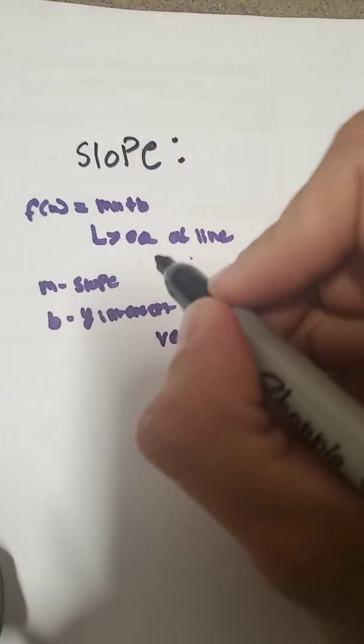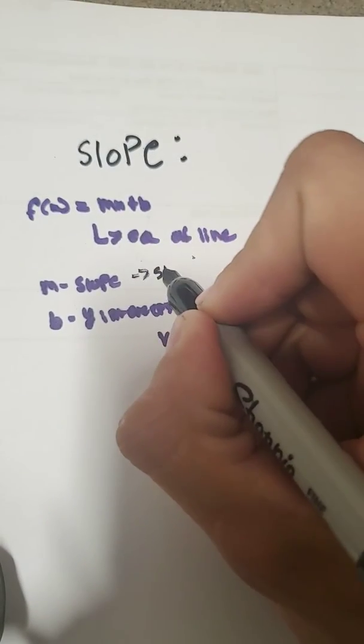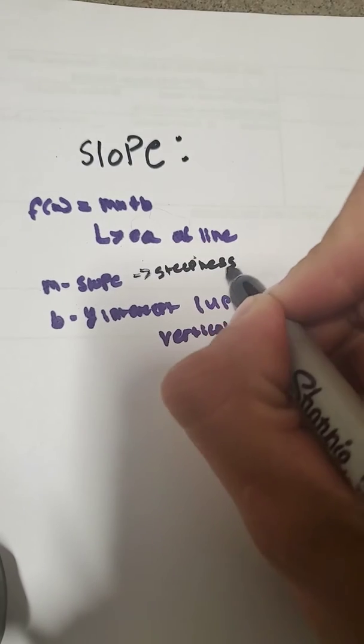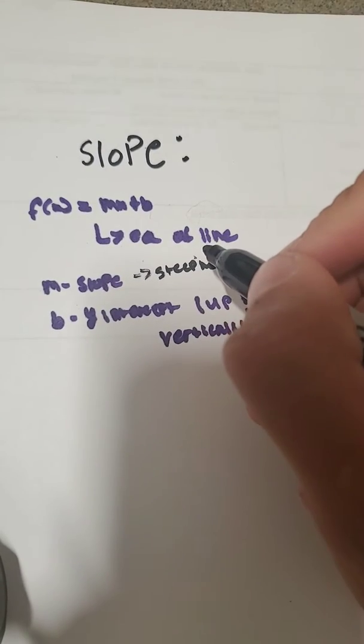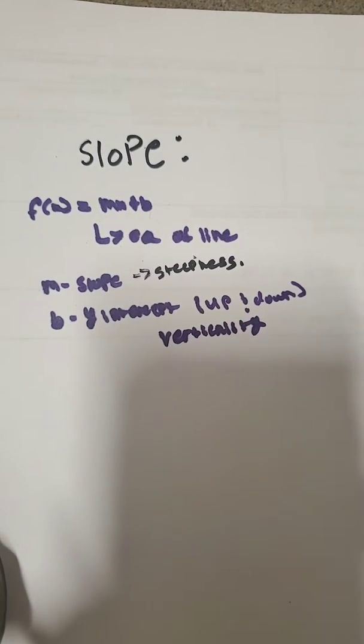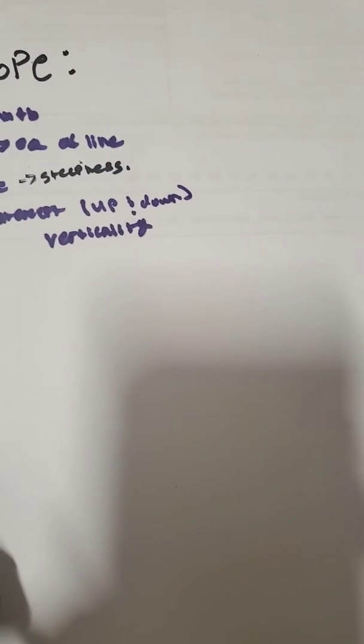But we really didn't talk much about slope. I just told you it was the steepness. But what does it really mean? We know on the graph of a line it's the steepness.